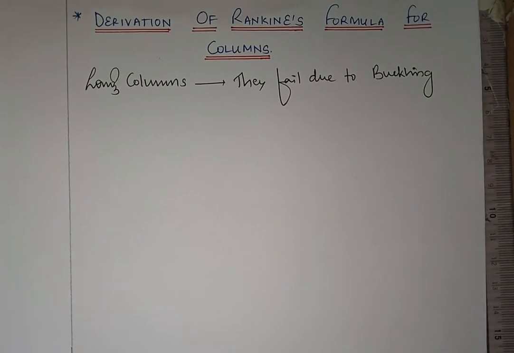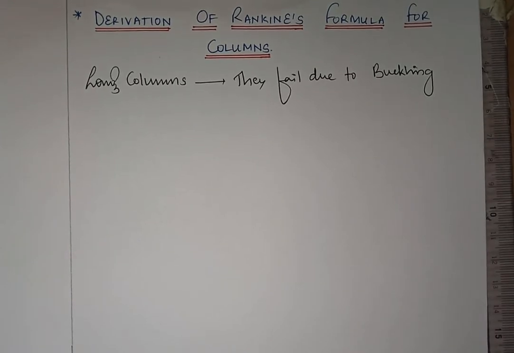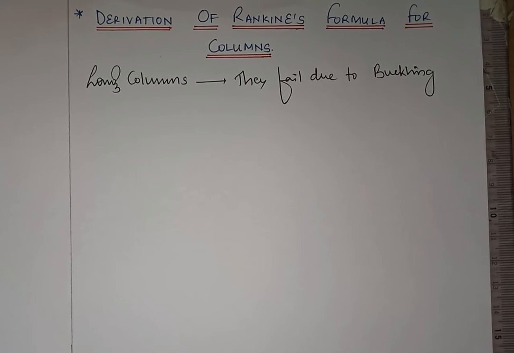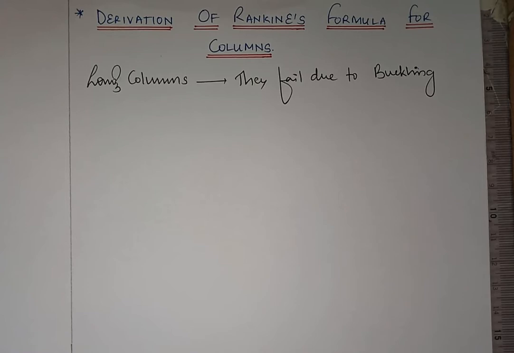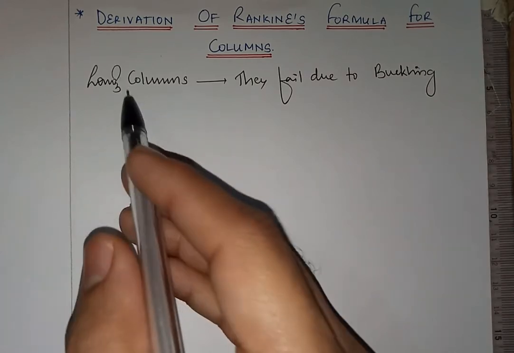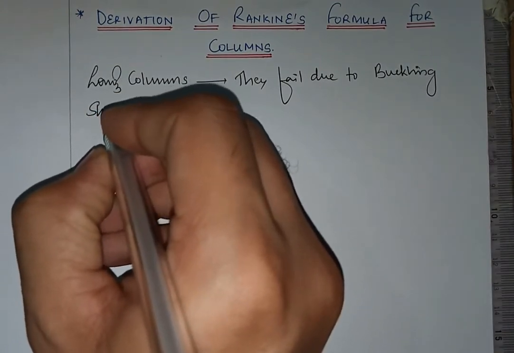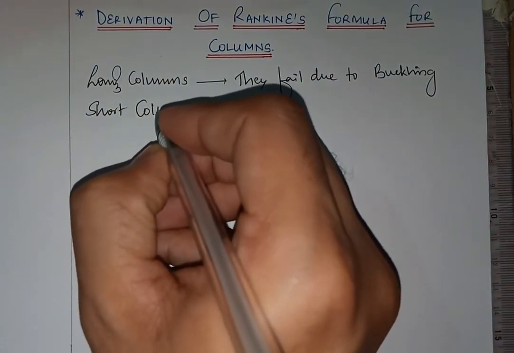I told you that because the length is more, the direct compressive stress applied on the top has a very negligible effect when compared to buckling. Buckling is the more dominant in that case, and that is the reason long columns fail due to buckling.